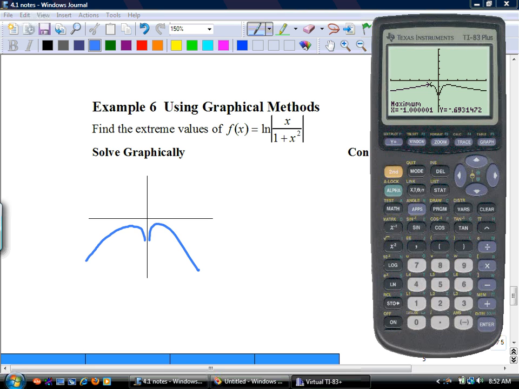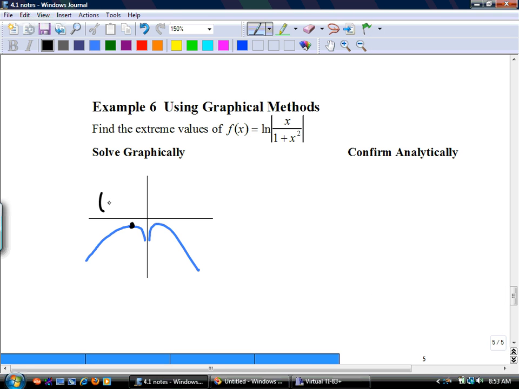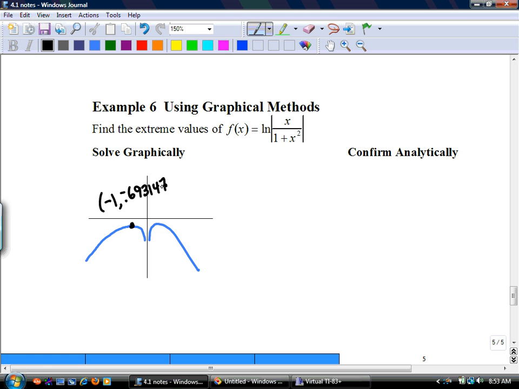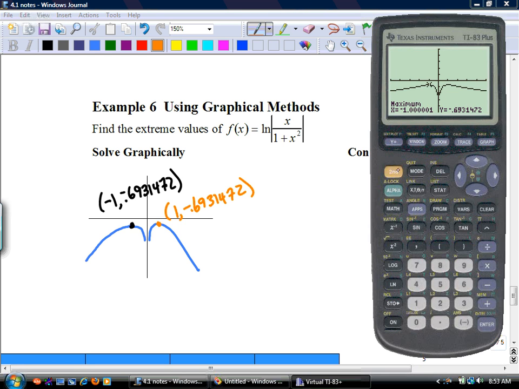The one on the left is -1, comma -0.693147. So we know the one over here on the right is +1, -0.693147.